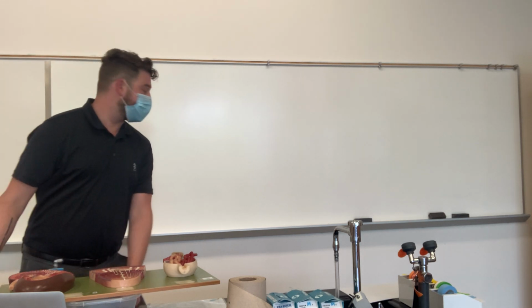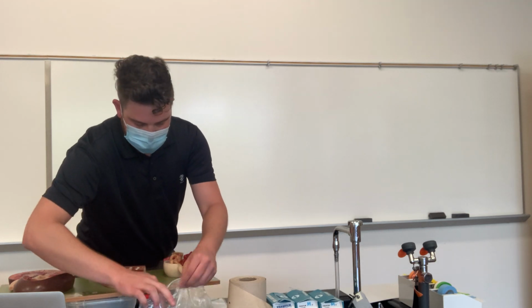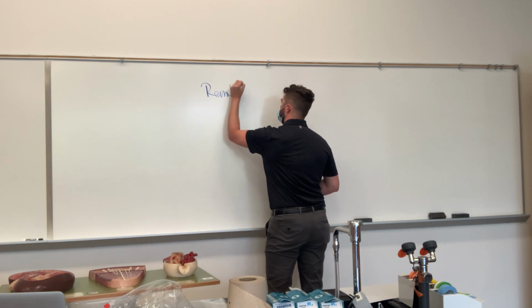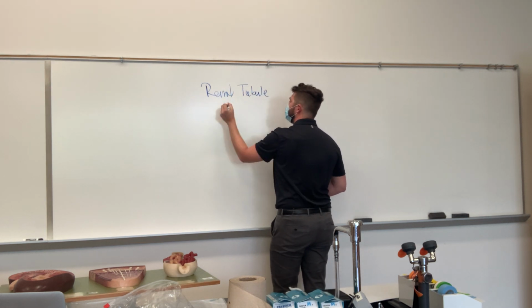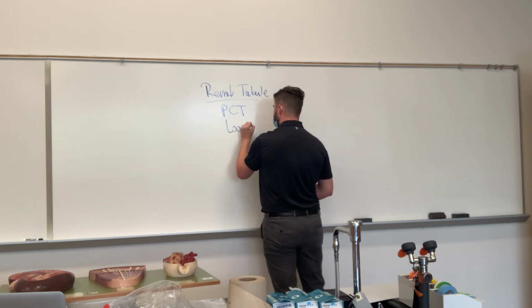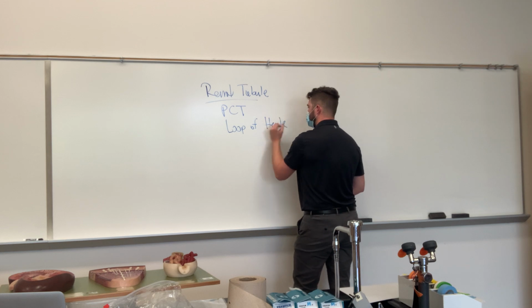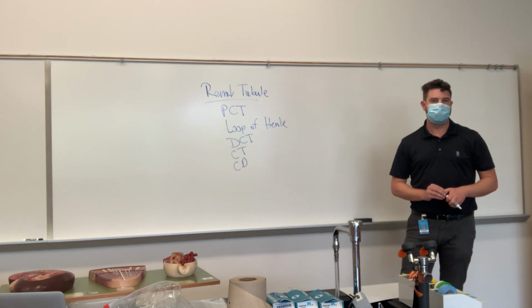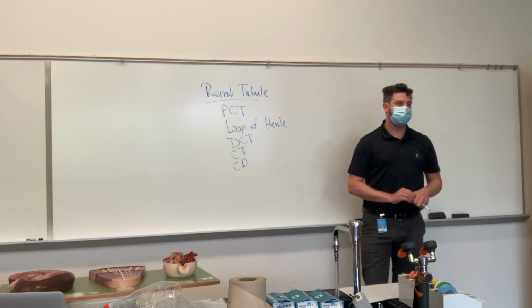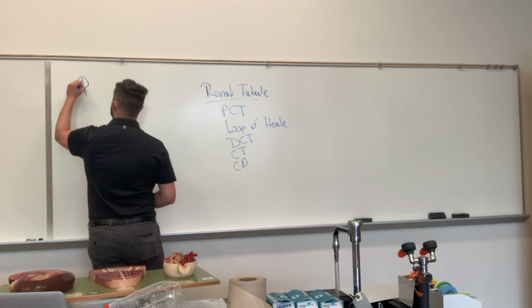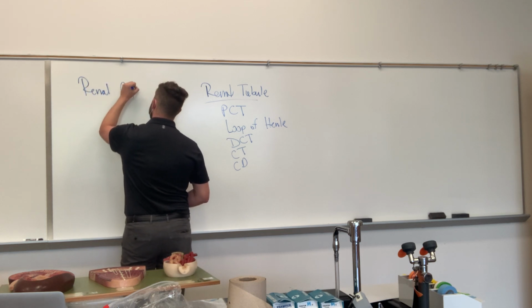Yes, the renal tubule system is the proximal convoluted tubule, the loop of Henle, the distal convoluted tubule, the collecting tubule, and the collecting duct. Okay. All of it. The tube that directly comes out of it, that's the proximal? That's the proximal. Okay.